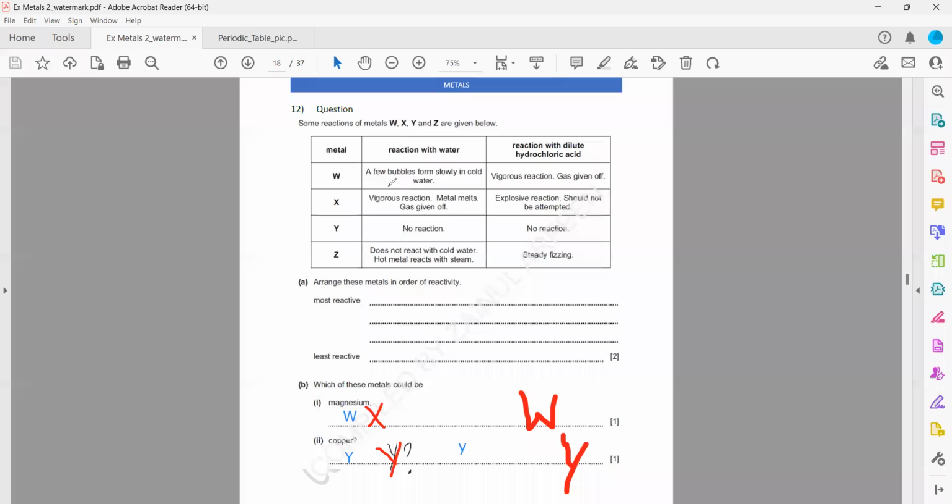When we talk about reactivity, we have potassium, sodium, calcium, magnesium, aluminium, zinc, iron, lead, and then copper.